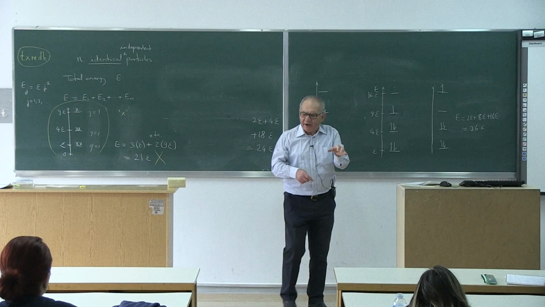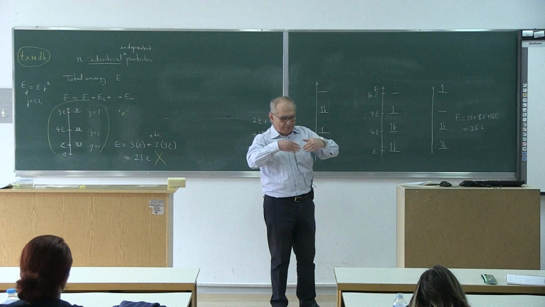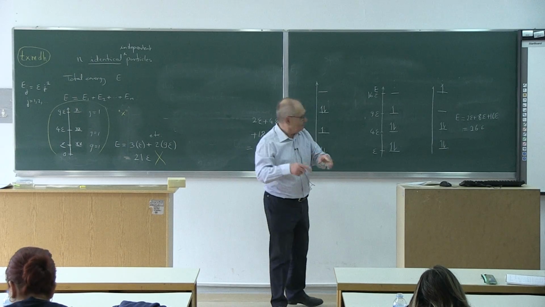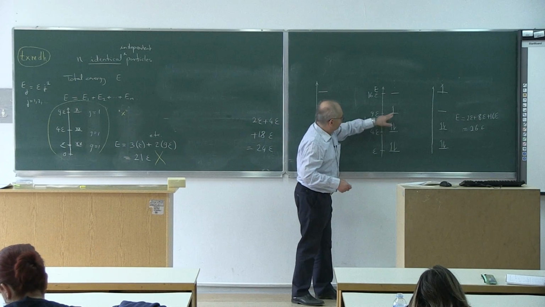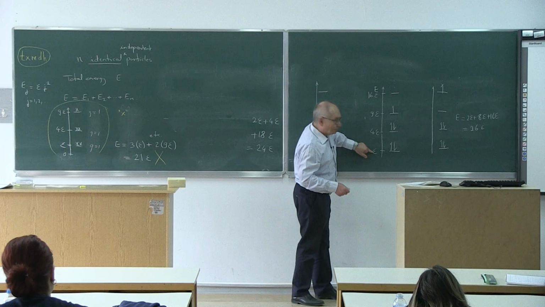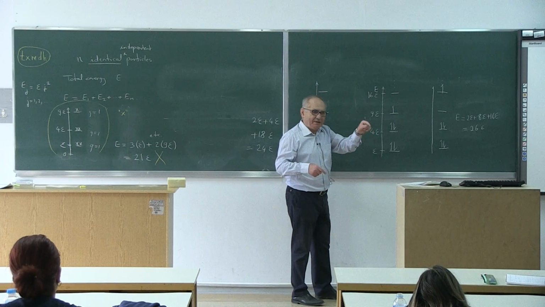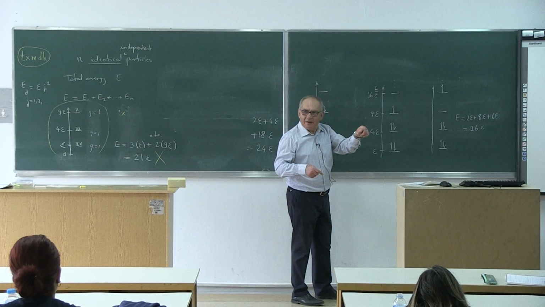How did I do it? I know the ground total energy. What was it? 19 ε. When I excite from this level to that level, then 9 minus 1 is 8. So I added 8 to 19, and the result is 27 ε.